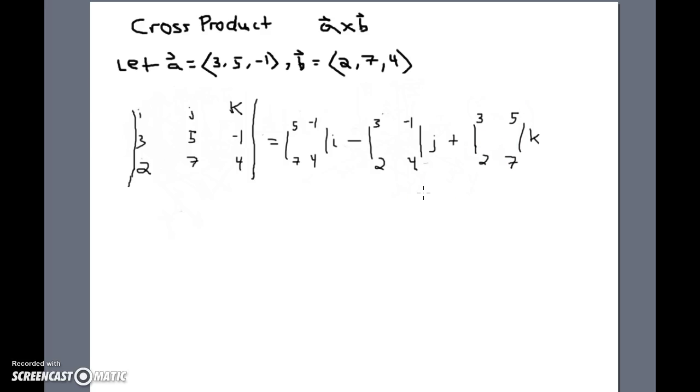What we need to do now is find the determinants of each of these matrices. So let's do exactly that.